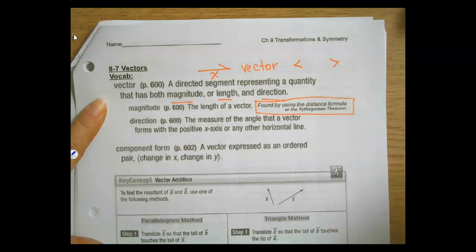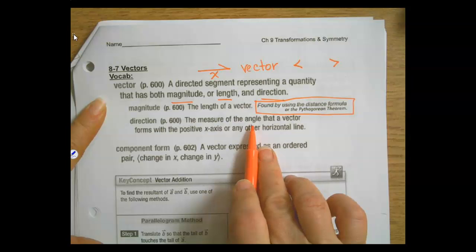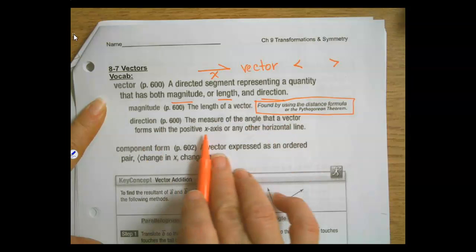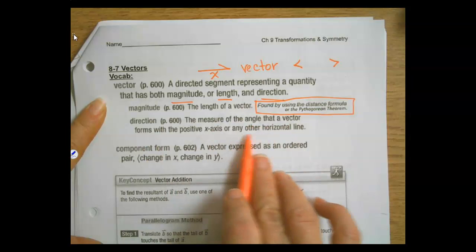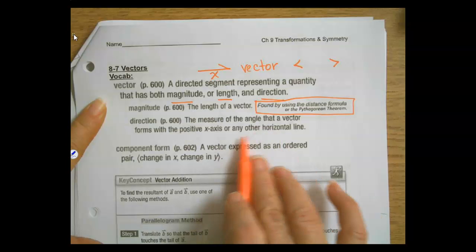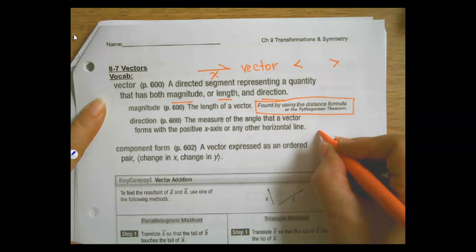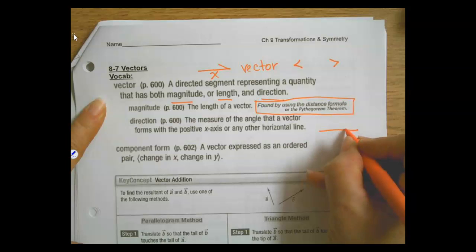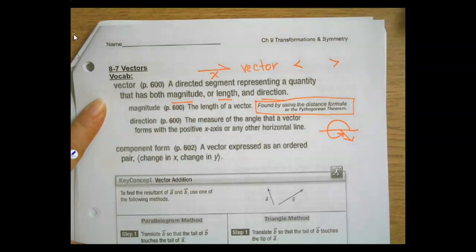The direction is the measure of the angle that a vector forms with a positive x-axis or any other horizontal line. So if a vector is going here, you're trying to find this angle from here all the way to here.